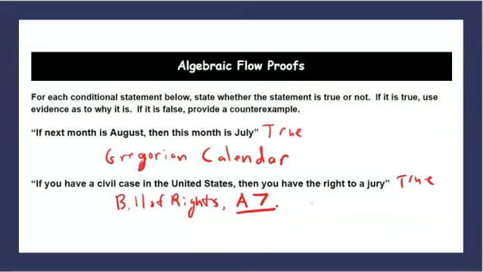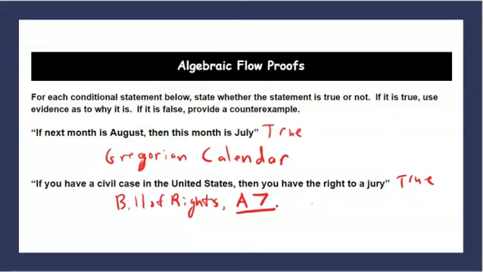The 7th Amendment of the Bill of Rights is the reason that if you have a civil case brought to a court, you're going to have the right to a free and unbiased jury. So we can use specific laws, or in the first scenario, a specific type of calendar, to allow us to draw these conclusions. That is our fact or evidence that allows us to deductively conclude that both of those statements are true.